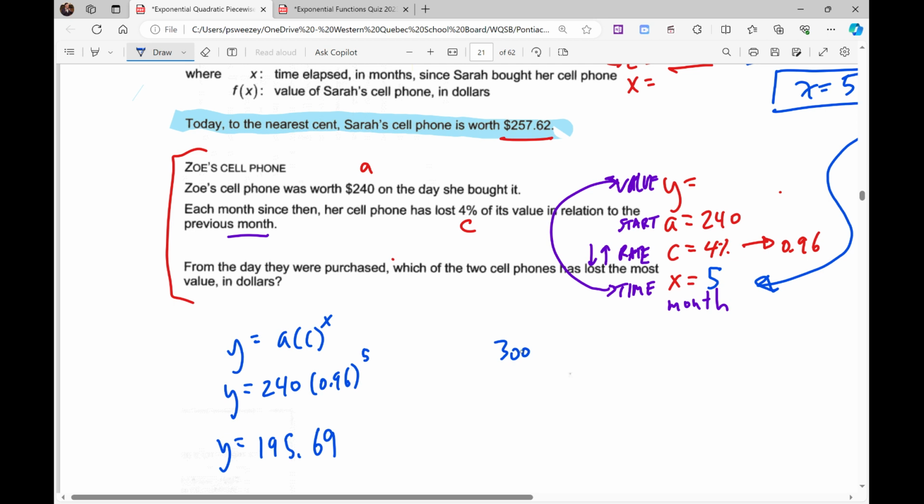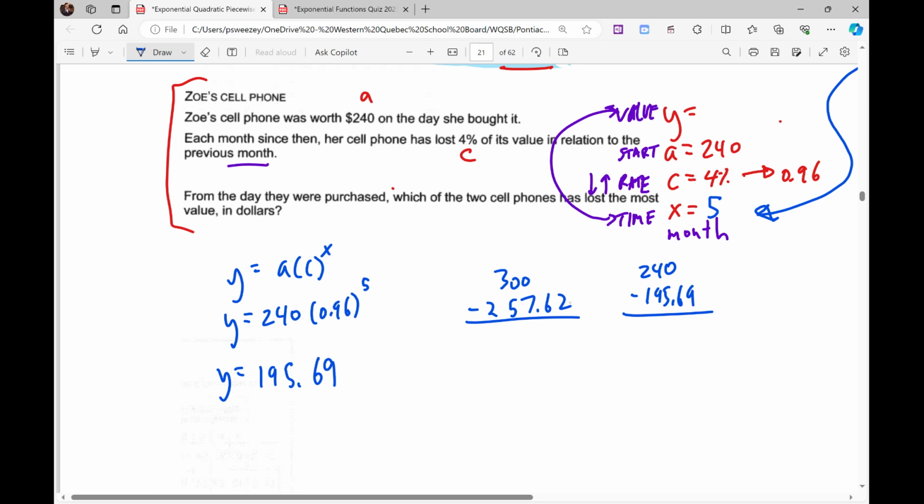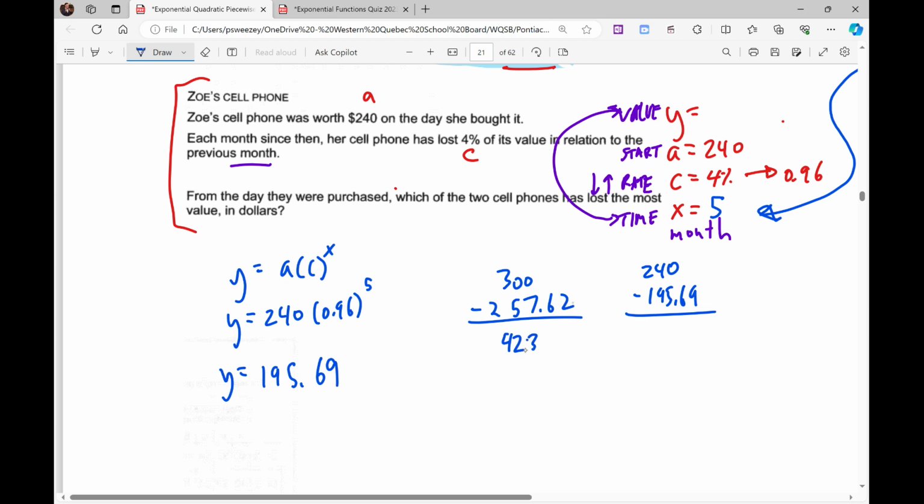So we start with 300 and subtract 257.62. And we start with 240, and we subtract 195.69, and evaluate the value lost, right? Not the other way around. So 300 minus 257.62 gives me $42.38. Wow. Okay. Wow. That's an A-level number.